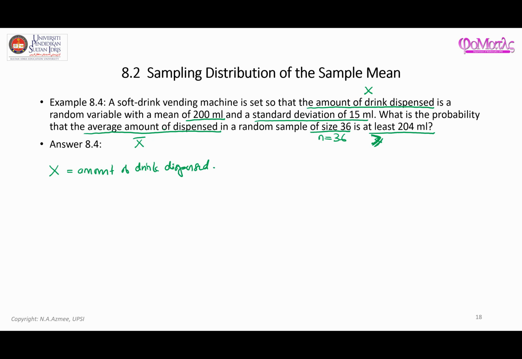We have no idea about it, but it doesn't matter. We know other information about x, which is that the expected value of x is 200 ml. This is actually mu of x. I'm going to write down mu of x to be more specific. And then we have the standard deviation of x, or in other words, the variance of x is 15 squared.